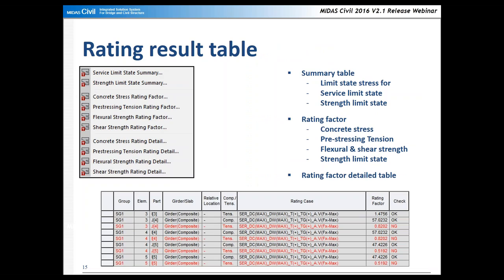Unlike the design result table, these are the items that our software checks using the load rating features. The summary result table provides a summary for limit state stress, service limit state, strength limit state, and rating factors for concrete stress, prestressing tendons, flexural strength, shear strength, and shear limit state, and a detailed table for rating factors.